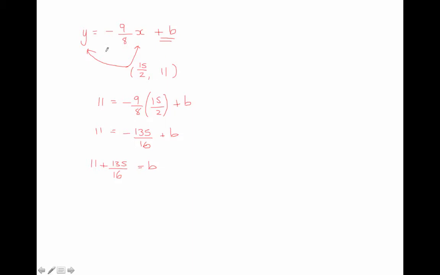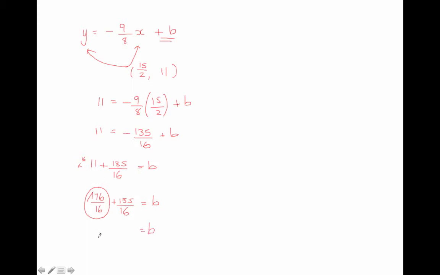Now if I'm going to be adding fractions, I need them to be over the same denominator. So how can I get 11 as something over 16? Well, I need to multiply by 16. So I want it to be something over 16 plus 135 over 16. 11 times 16 would be 176, so 176 over 16 is the same as saying 11, plus 135 over 16.